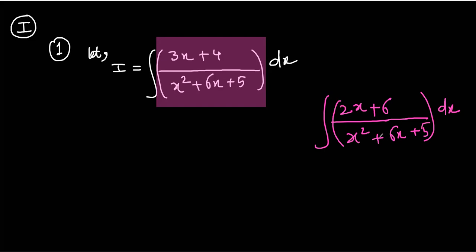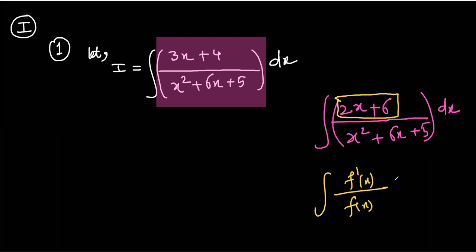Here I notice that if the denominator is differentiated, it gives 2x plus 6, which I have in the numerator. So here I have a ready-made result working: integral of f dash x upon f of x dx equals log of mod of f of x plus c.